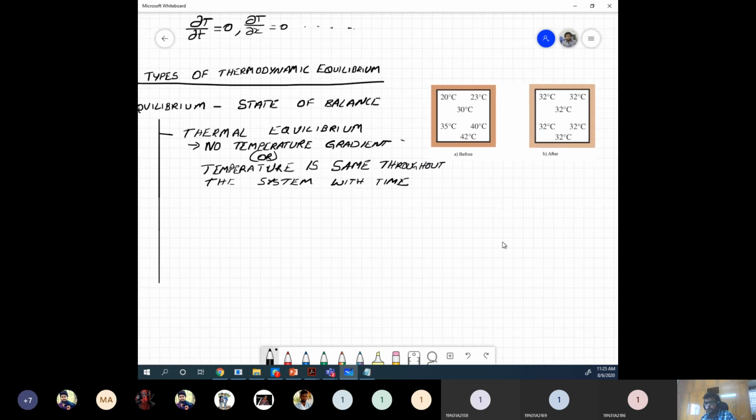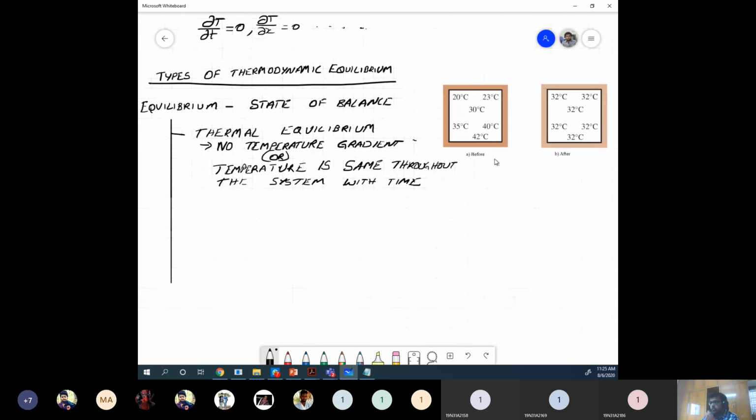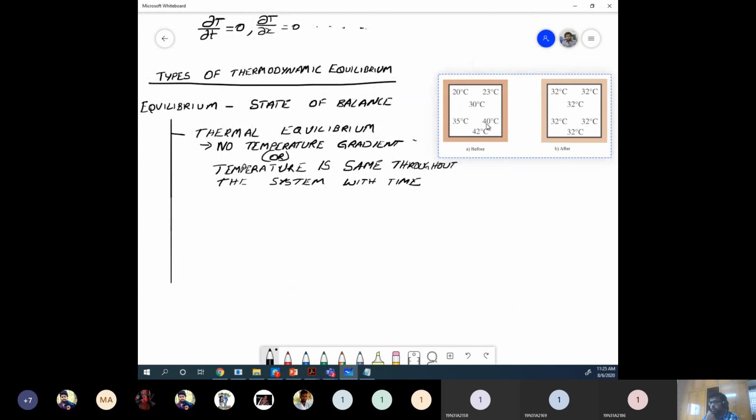This was at some particular time where you had different temperature distributions, and after some time they come to the same temperature at every location. This is what dou T by dou x equal to 0 means: at any point if you take the derivative, it will be 0. So that is thermal equilibrium.